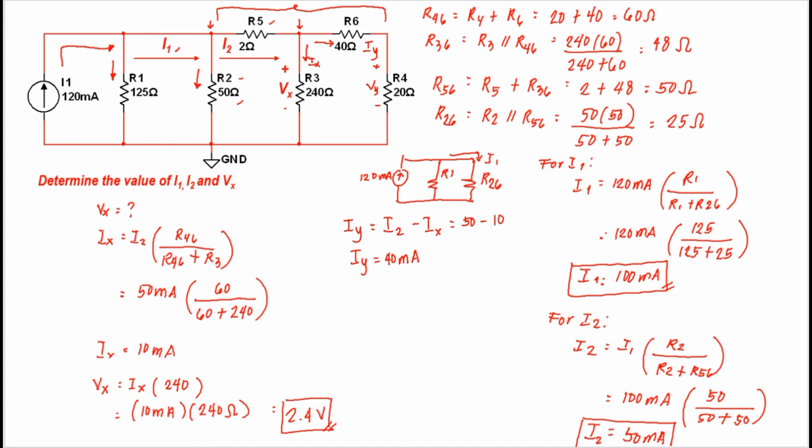And our Vy is equal to Iy times 20 ohms, which is 40 milliamps multiplied by 20, and that is equal to 0.8 volts.